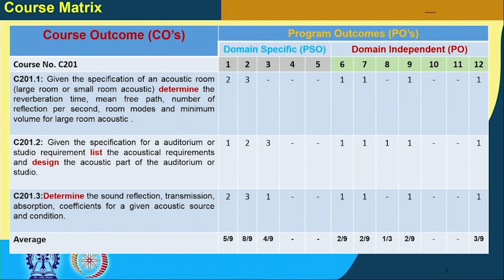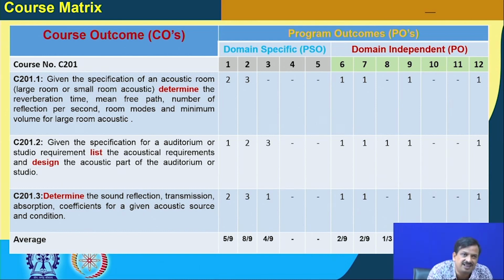So, even in the MTech program this can be used. But the minimum ability is application ability. Now, if I see my course, the first CO is on determine. So, I can say this is an analysis ability.